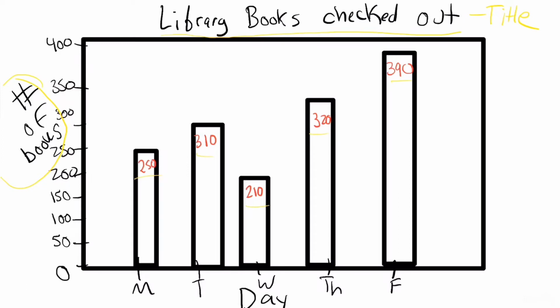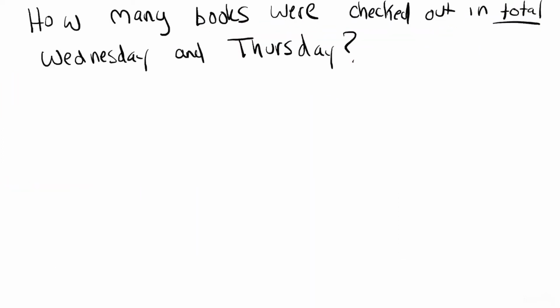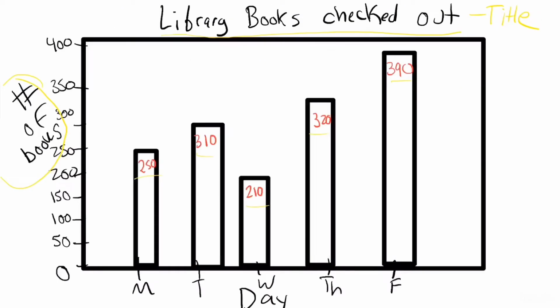So let's take a look at the question. The question is, how many books were checked out in total Wednesday and Thursday? So total means all together. So you're going to what? Subtract or add? Add. You'll add. So let's go back and see what we are adding together.